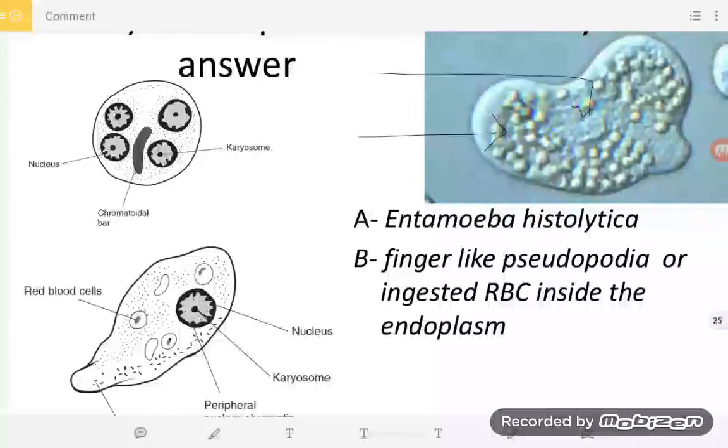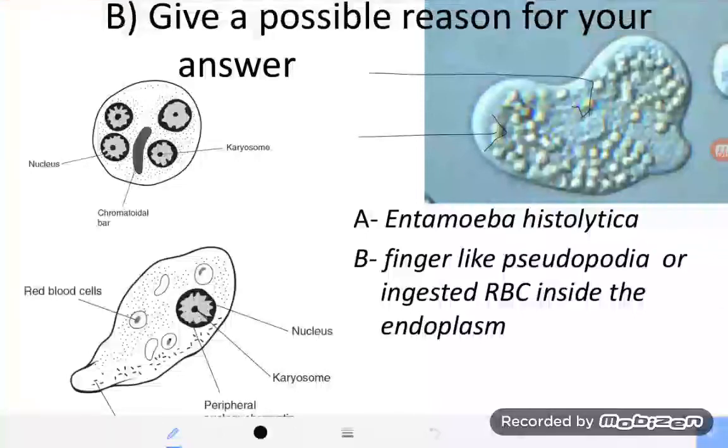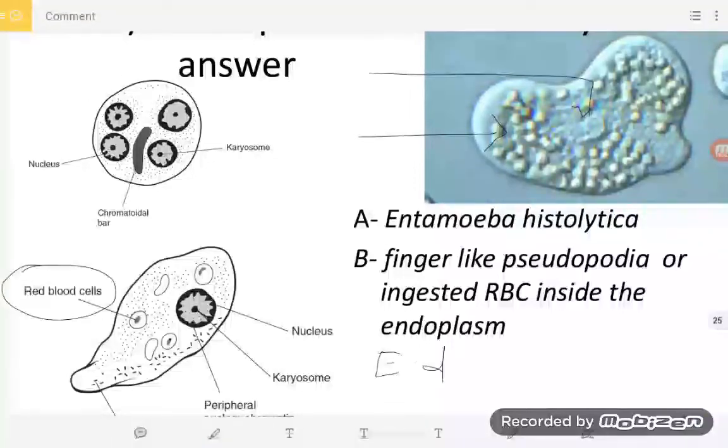Sometimes you may think it may be Entamoeba dispar, but when we consider the trophozoite, Entamoeba histolytica contains ingested RBC, but Entamoeba dispar does not contain ingested red cells. So by using that we can differentiate the trophozoite.